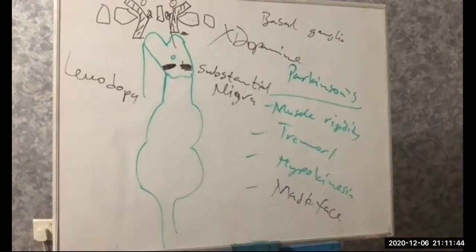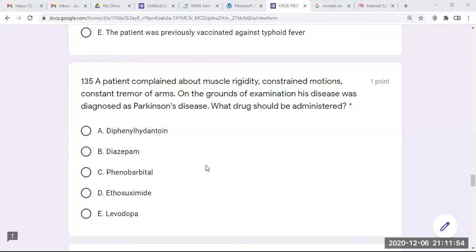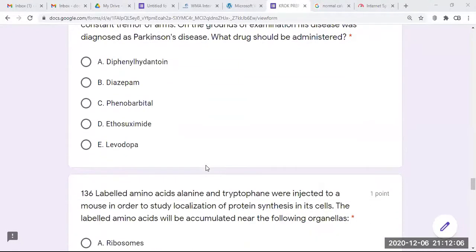Does anybody have any question? If there is no question, let's move on, please. One day I'll explain the function of the basal ganglia. So the answer is E, levodopa. What drug should be administered? You give levodopa. Let's move on.